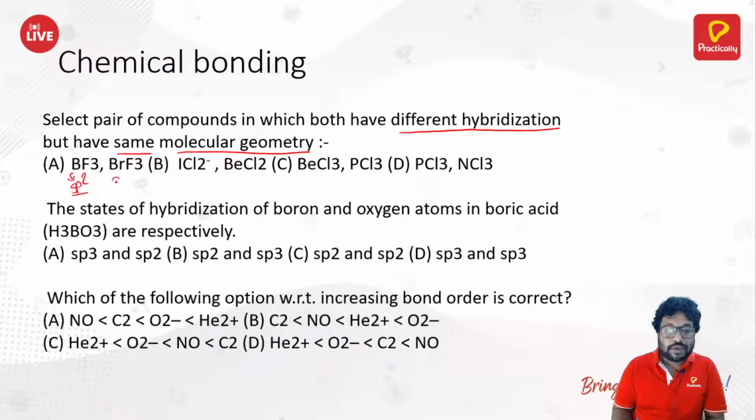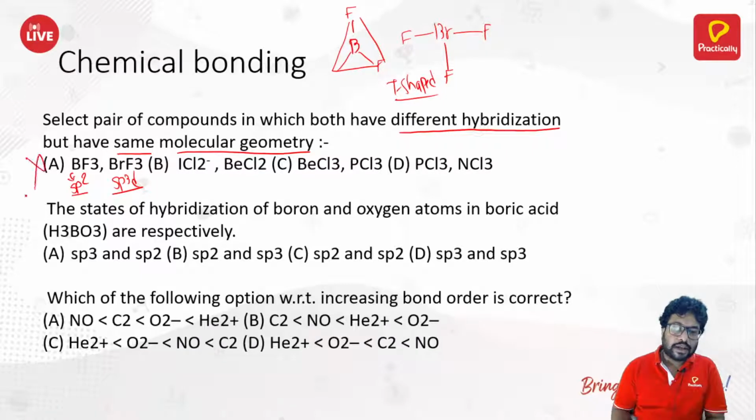In BrF3 you have sp3d, right? So hybridization is different, but is their shape the same? Let's find out. BF3 has this shape, trigonal planar. BrF3 has this shape, a T-shaped geometry. So that means this is not an answer.